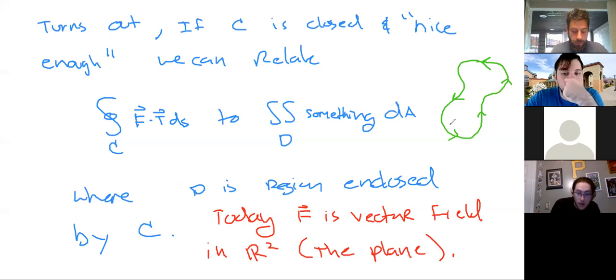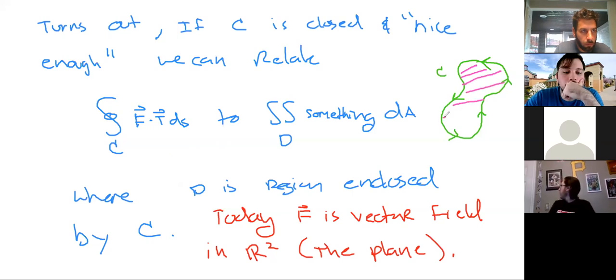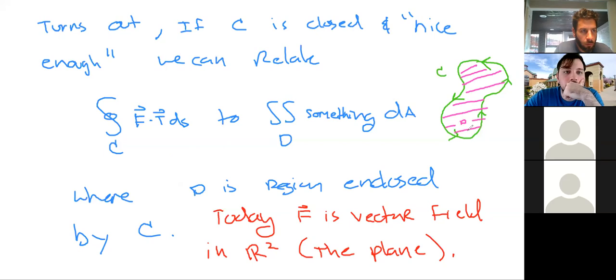And if this is C, what is D? Well, the region inside is D. Does that make sense?